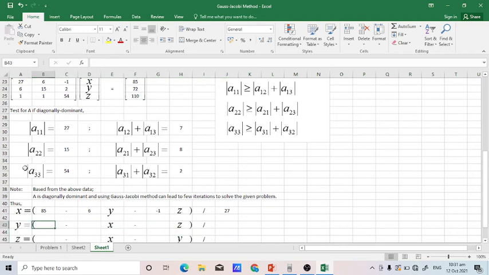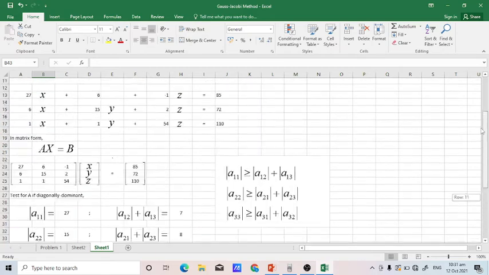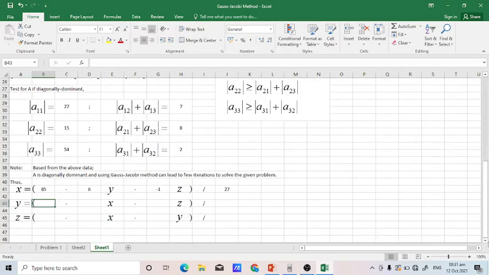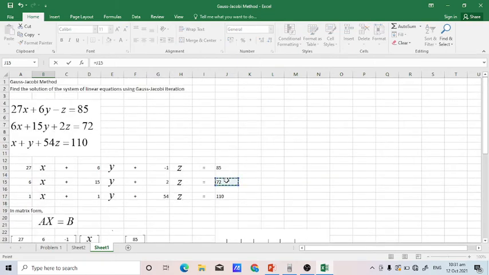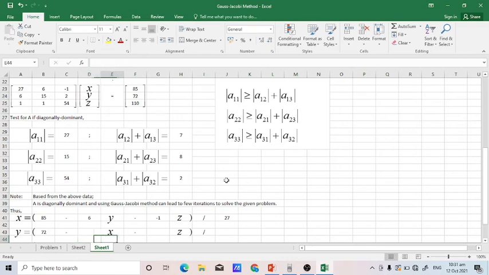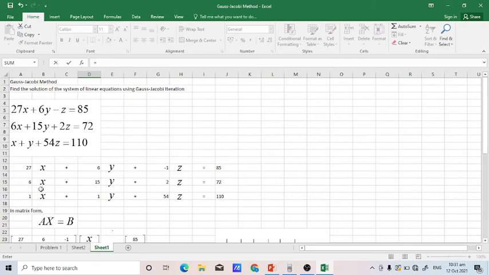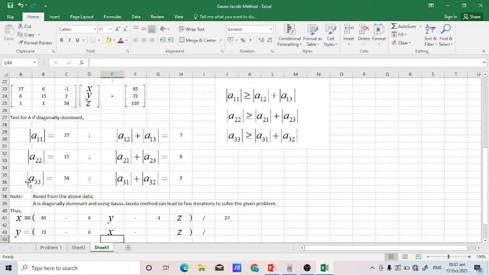So, y. So, 72. So, equals 72. Okay. Then, minus blank x. So, minus 6x. Okay. Then, minus blank z.